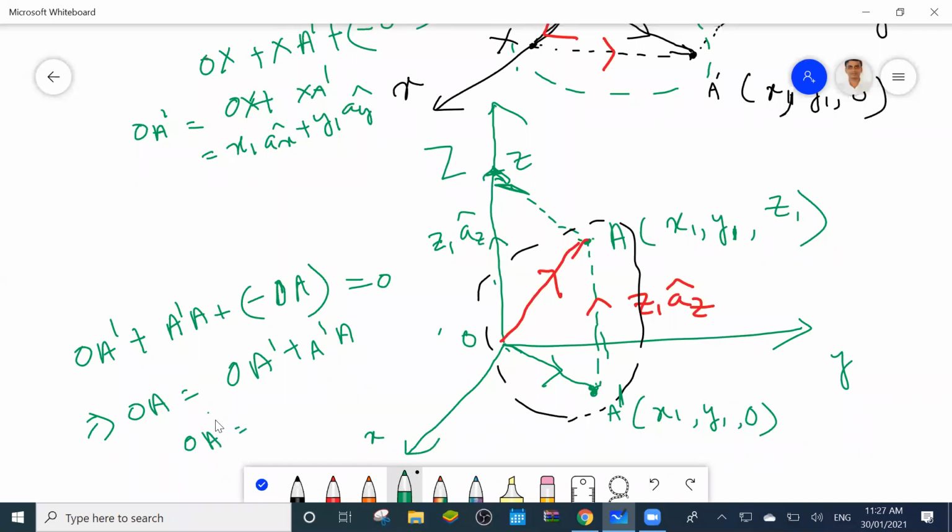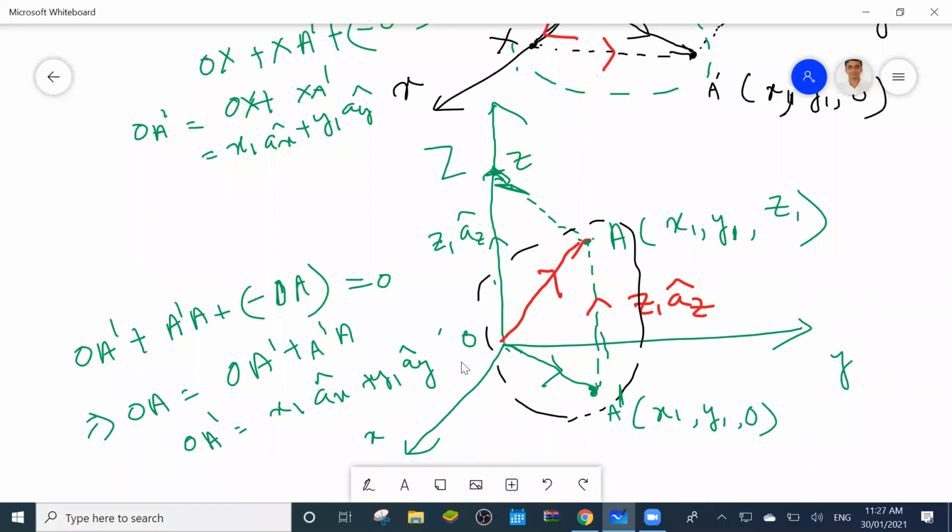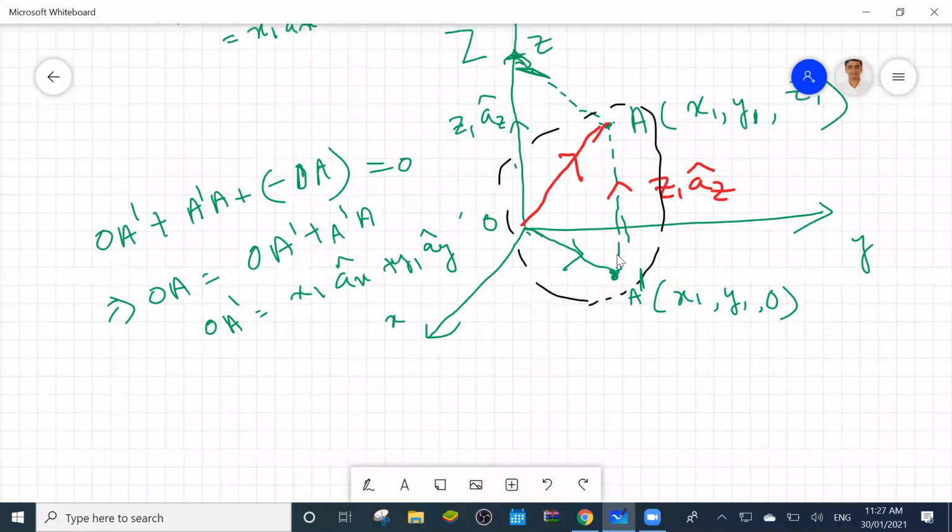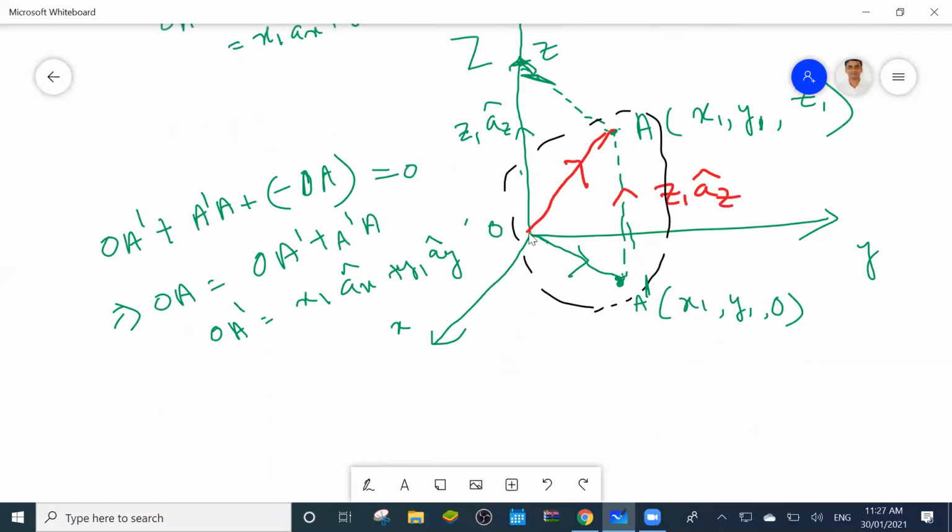So OA dash we got as X1 X cap plus Y1 AY cap. That we got previously for this point. This vector we got in the previous diagram. So this value we got.